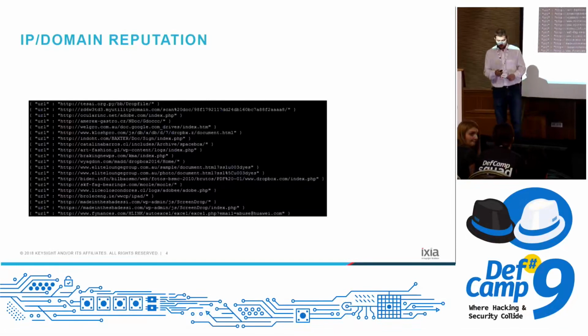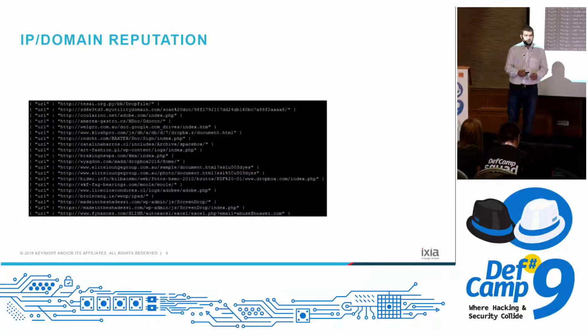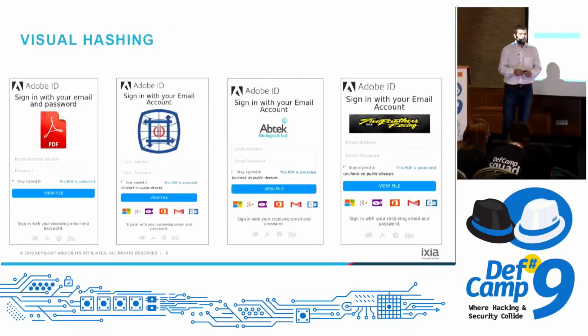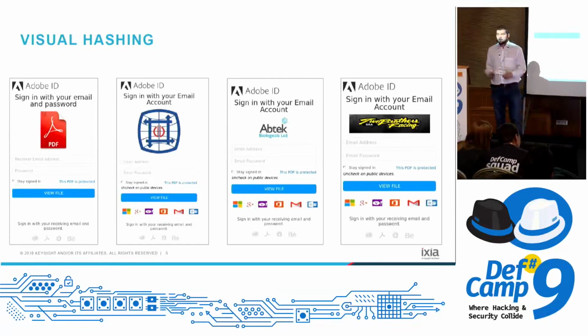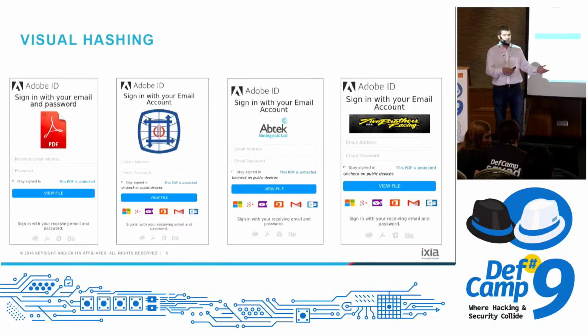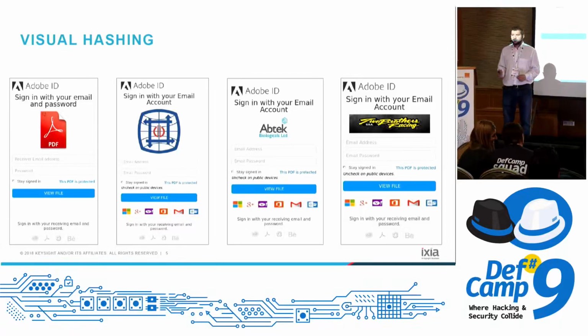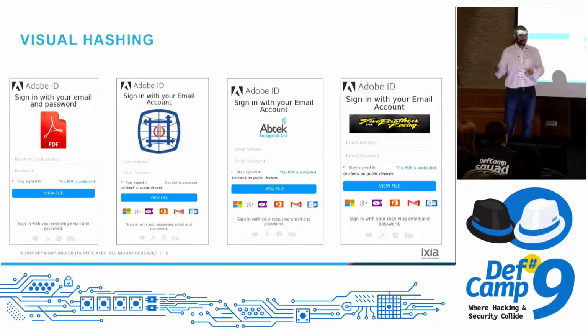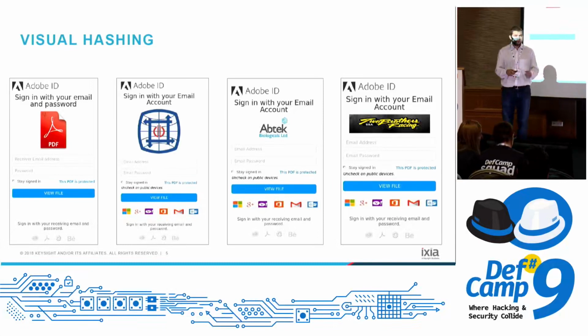So to improve the detection of our phishing, I decided to look into the current state of the art in research, and saw a lot of people talking about visual hashing. Visual hashing means taking an image and then trying to generate a stream of bytes, preferably something that you can compare to another stream of bytes from a different image, and then say these things have about the same content, there are some similarities.